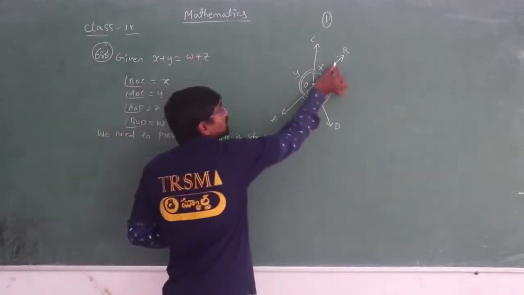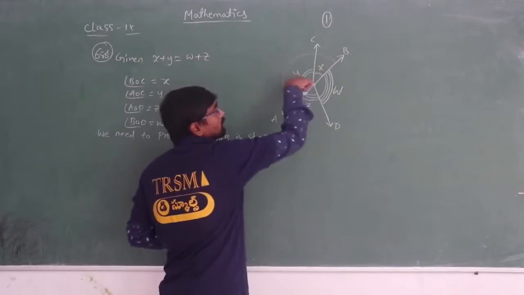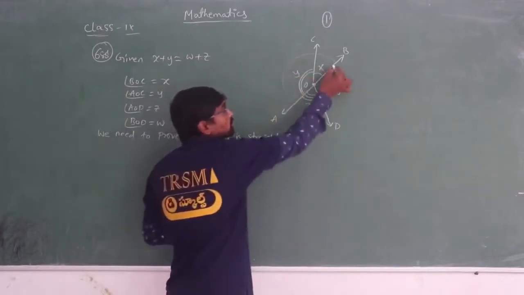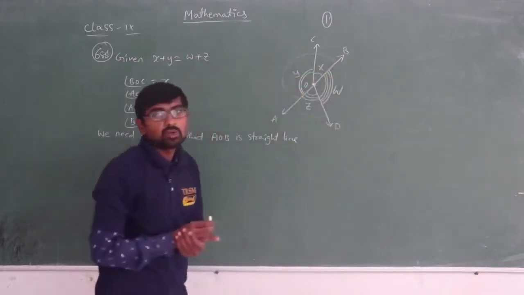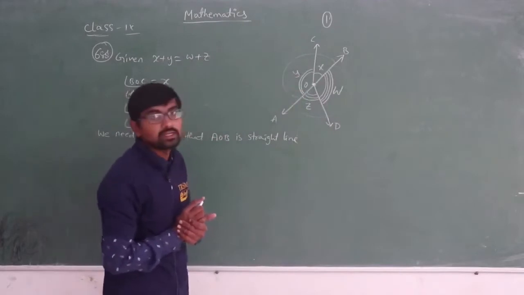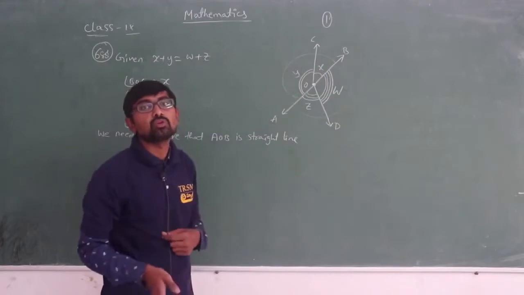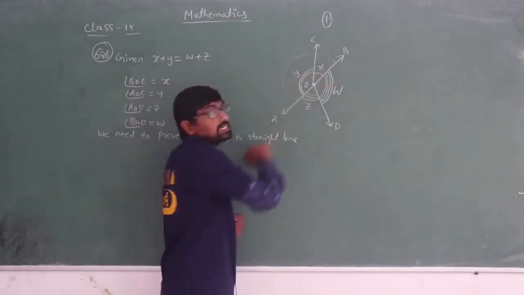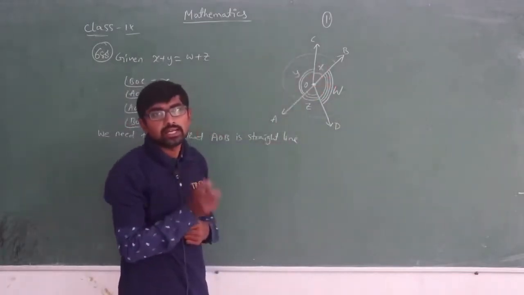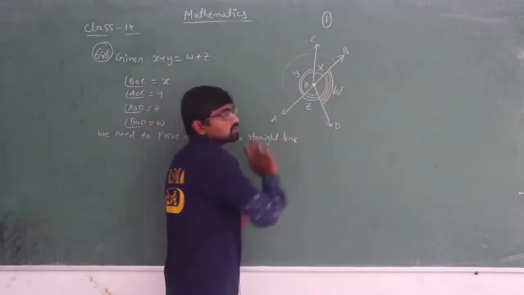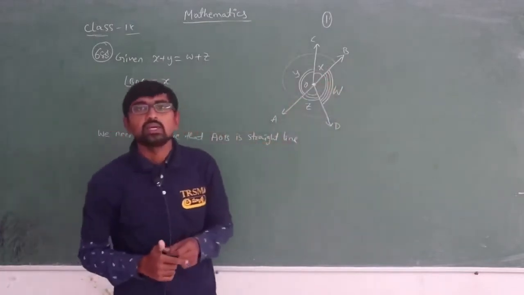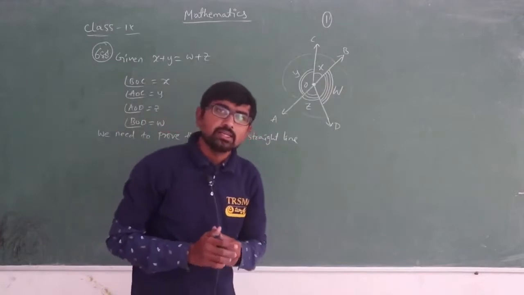You can see that the addition of x plus y is equal to the addition of w plus z, and this will be 180 degrees. For a straight line we need to prove that this total angle is 180 degrees, and similarly below also the total angle is 180 degrees.